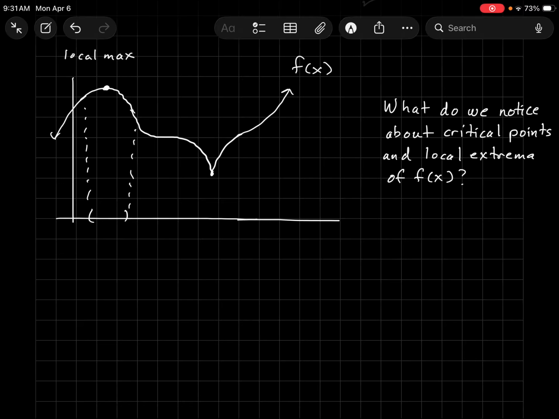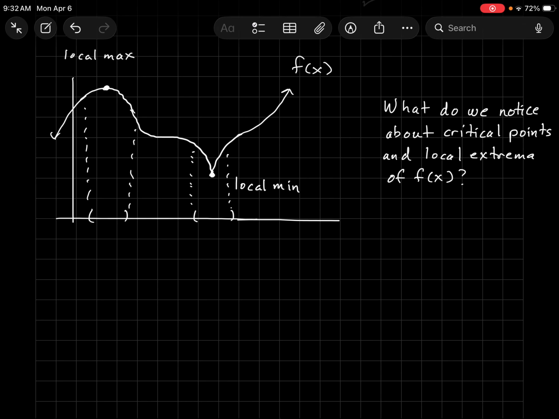Over here, I bet you would also recognize that we have a local minimum, which I will abbreviate as local min. That is, on an open interval right around that, that is the smallest y value.